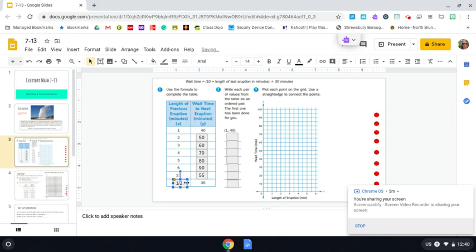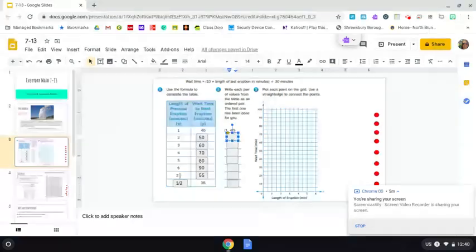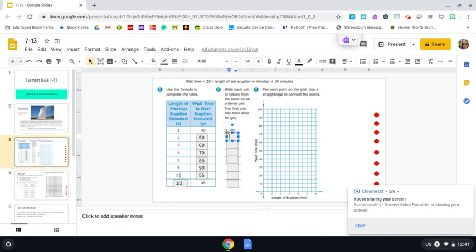So now, if I were to fill in my coordinate points, remember, you just copy the x and the y. 2, 50.